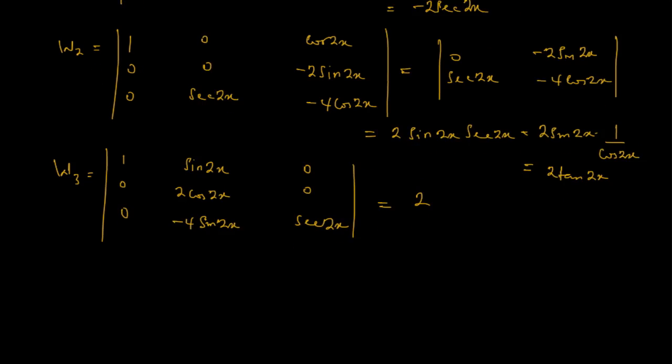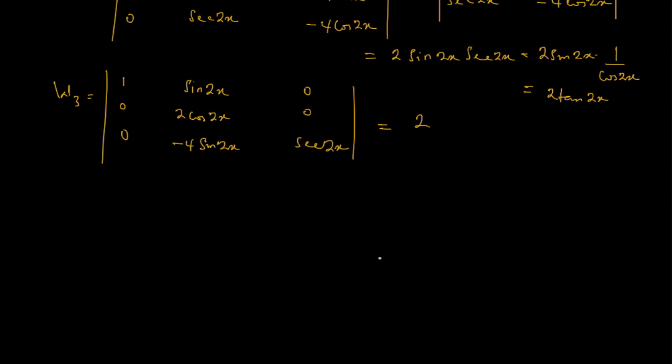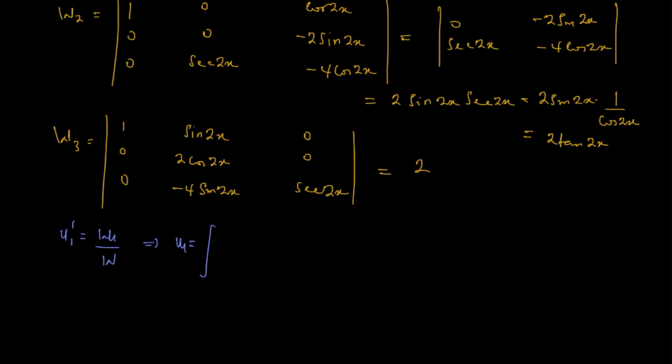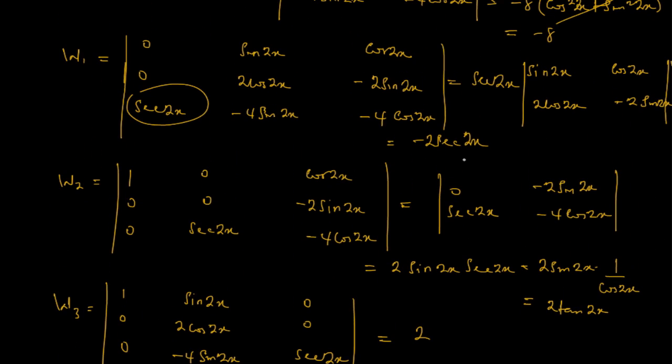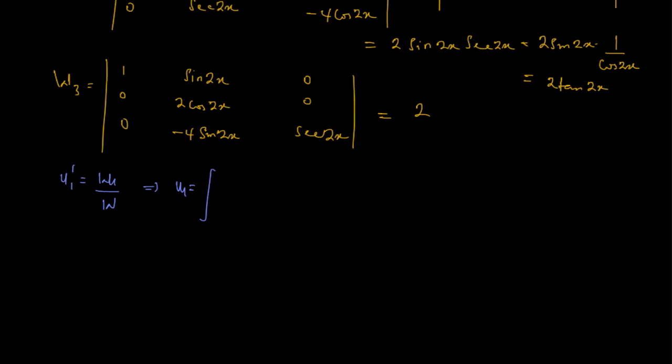So to find u1, which is the new one, we'll start finding now. Since we know that u1 prime equals w1 all over w, that implies that u1 is going to be the integral of w1. So what's our w1 here? Our w1 is minus 2 sec of 2x divided by w, which is negative 8.